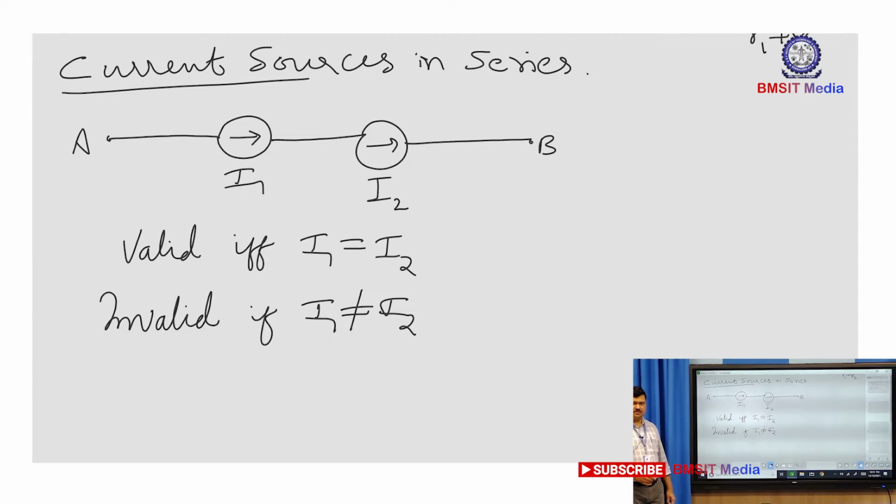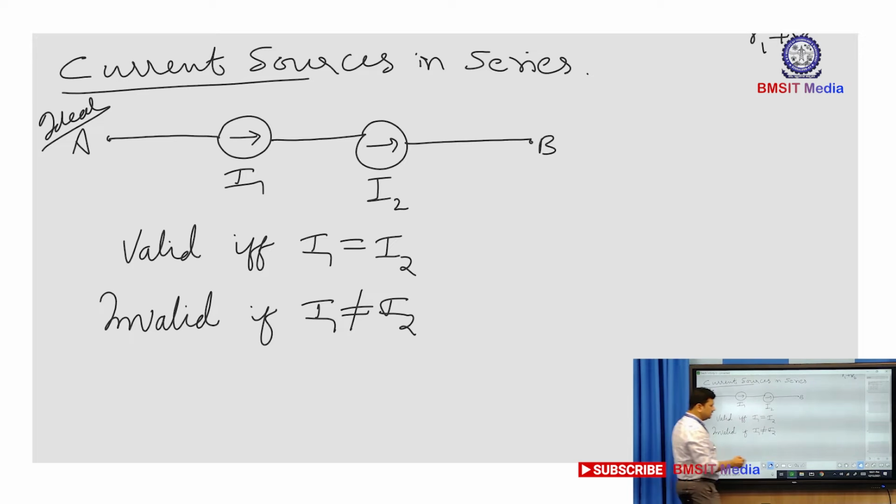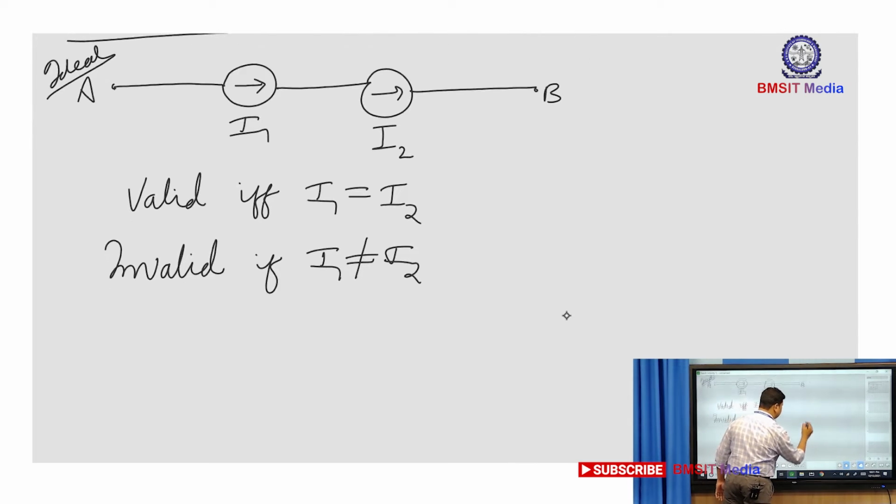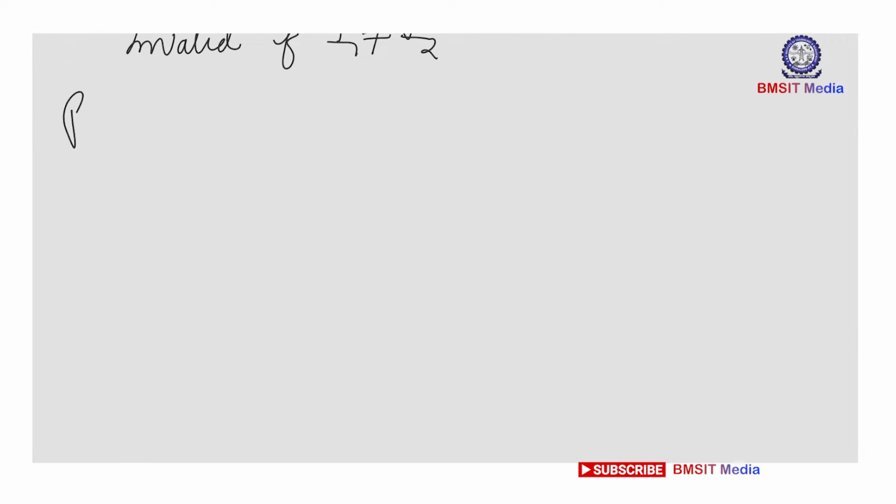This is an ideal case. These are the ideal sources. Now, what happens when two current sources that are practical in nature are in series? So, let us consider practical sources falling in series.